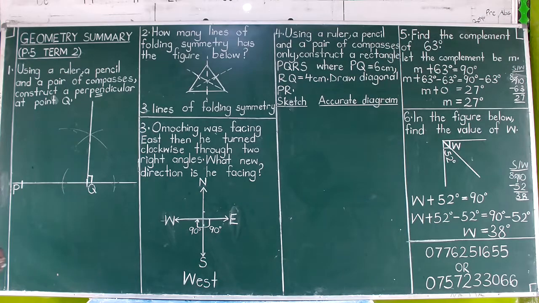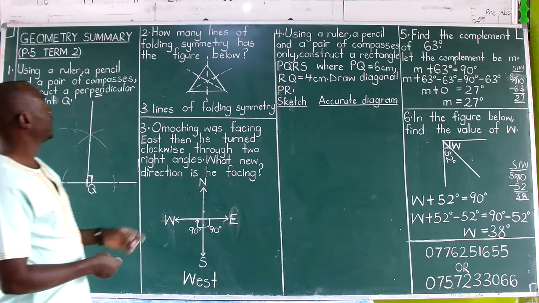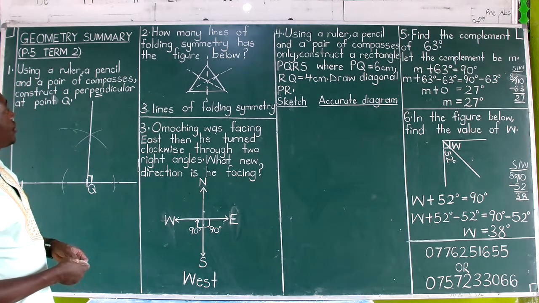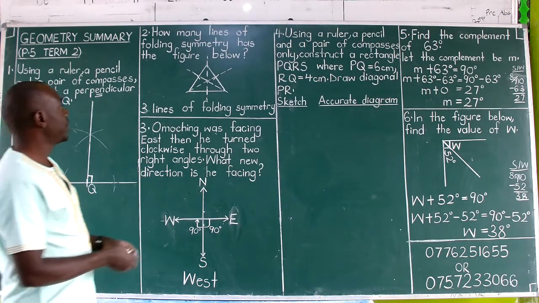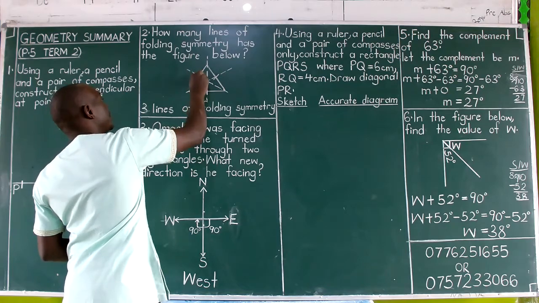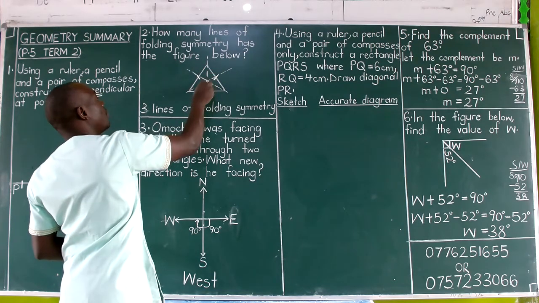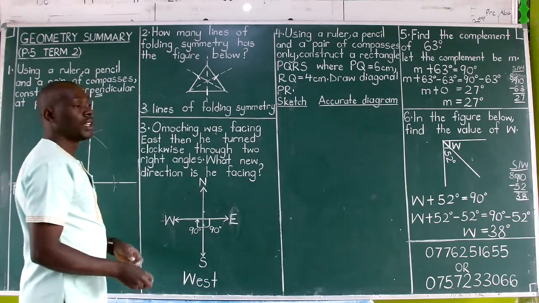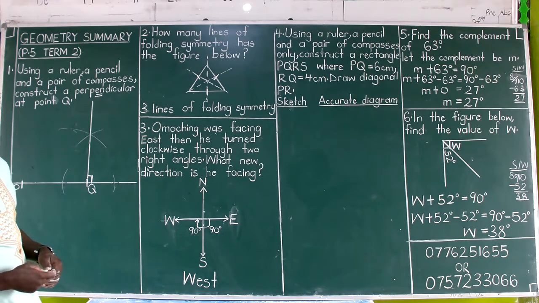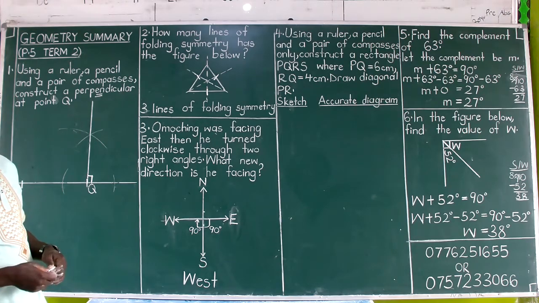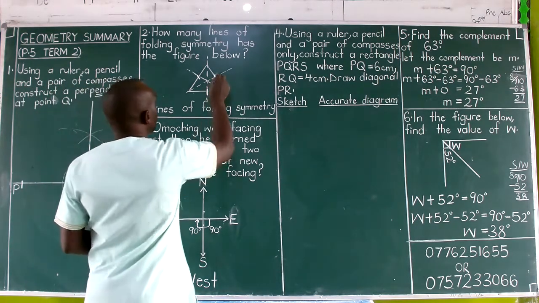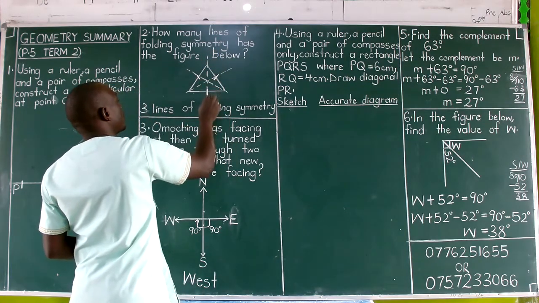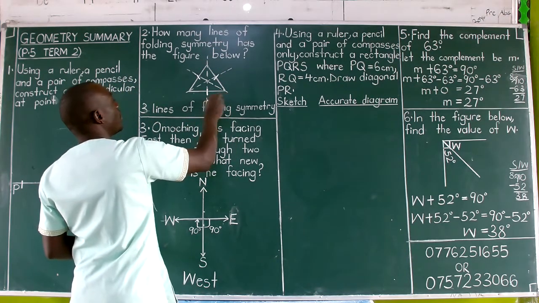As we look at example number 2 about geometry summary: how many lines of folding symmetry does this figure have? This figure is an equilateral triangle. A triangle with all sides equal has lines of folding symmetry equal to the number of sides. So every corner brings a line. From this corner I've got a line, that is line number 1.